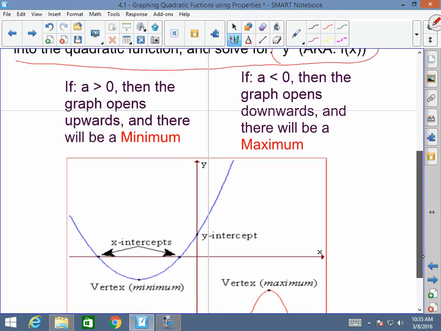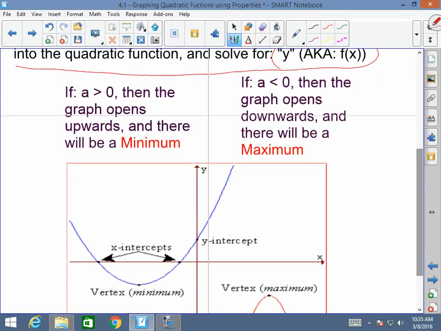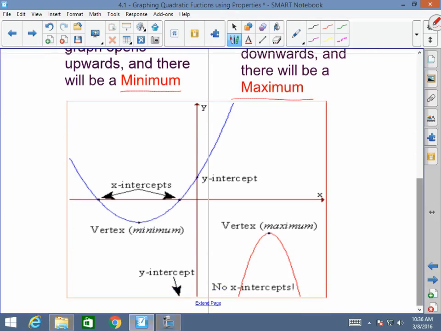So now, I put a couple graphs here, and I just want to start showing you how the pieces come together. Remember, please, if a is greater than 0, it's pointing upwards, and you have what's called a minimum. If a is less than 0, it's pointing downwards, and you have a maximum. Now, I need you to make notes on this. I need you to understand what's going on.